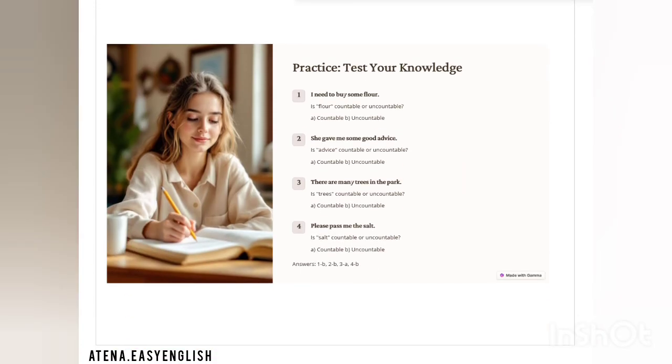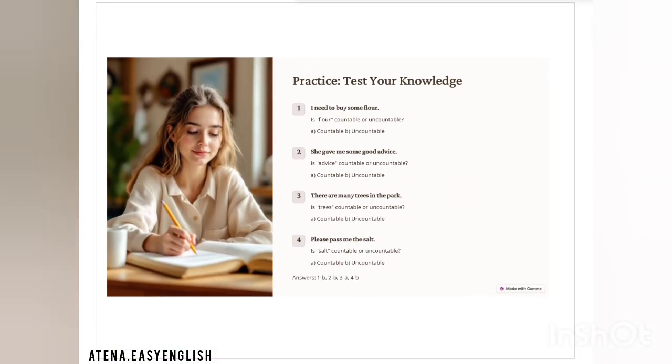Very well, very well. And look at here, we have a practice test. Let's test your knowledge. We have 4 questions here. Look at the first one: I need to buy some flour. Is flour countable or uncountable?